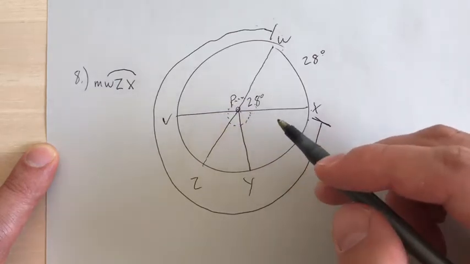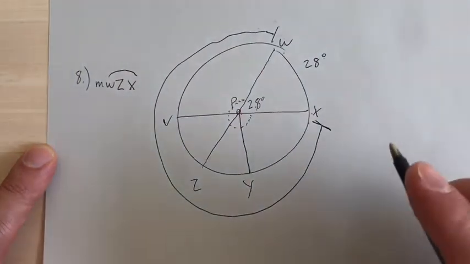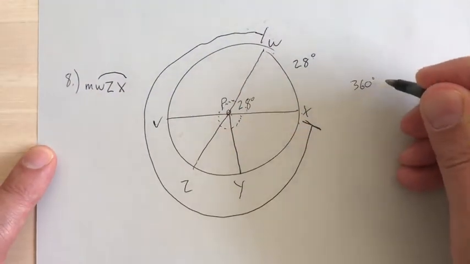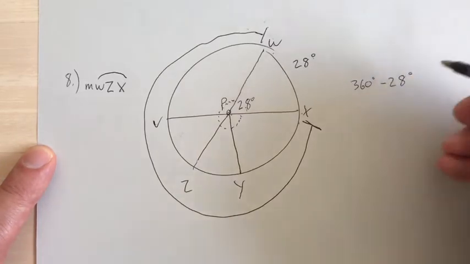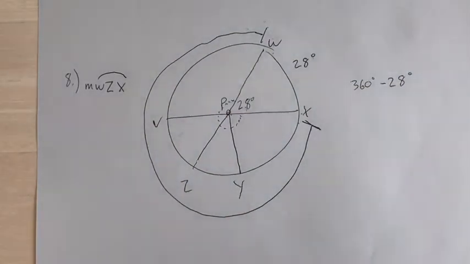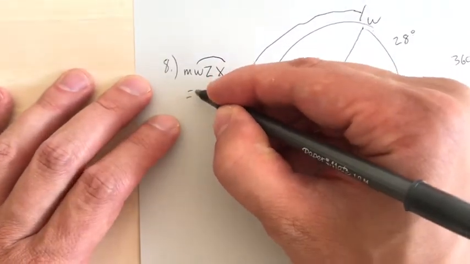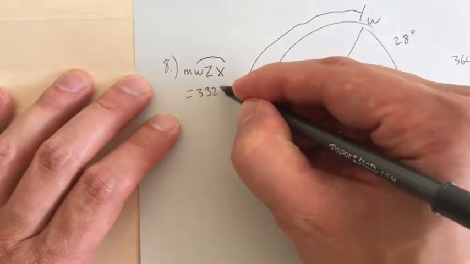A full rotation is 360 degrees, so you can find this measurement by doing 360 degrees minus 28. That's pretty much all you have to do. 360 minus 28, the answer is 332. So the measure of that arc is 332 degrees.